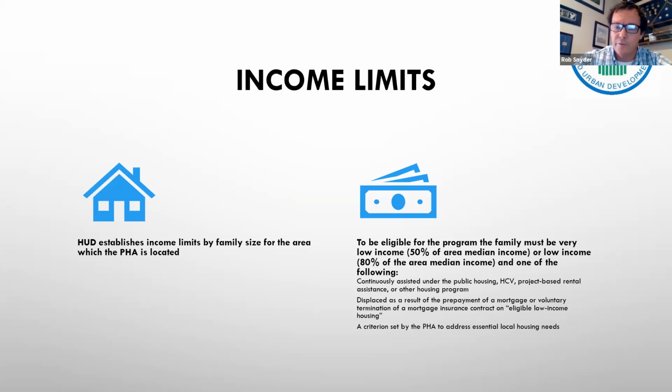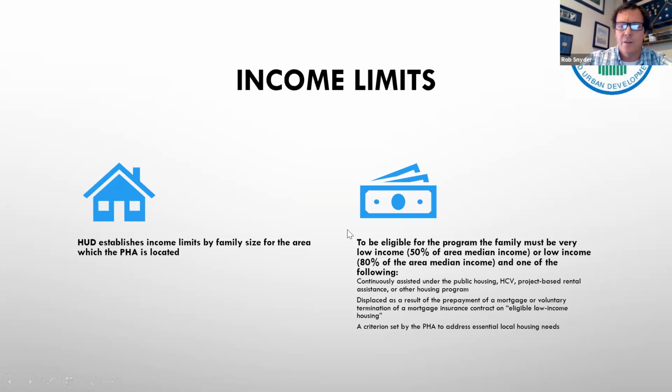And then to be eligible for the program, the family either has to be very low income or low income, at 50% or 80% of the median income. And then they can be continuously assisted under the HCV program.